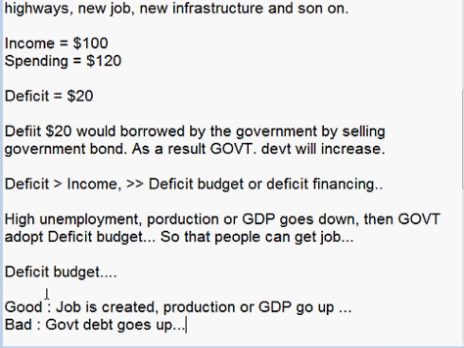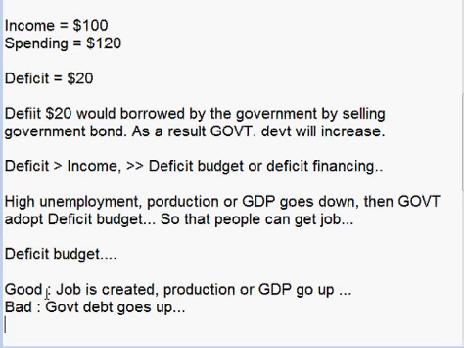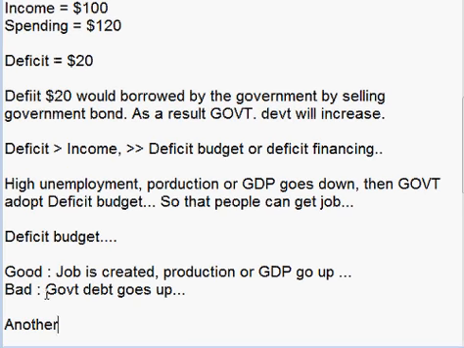So that is the deficit budget. Then I talk about another fiscal policy, which is the surplus budget.